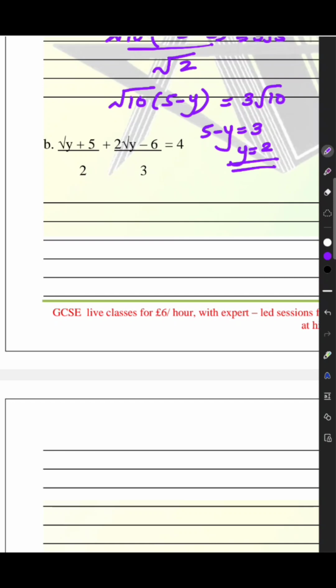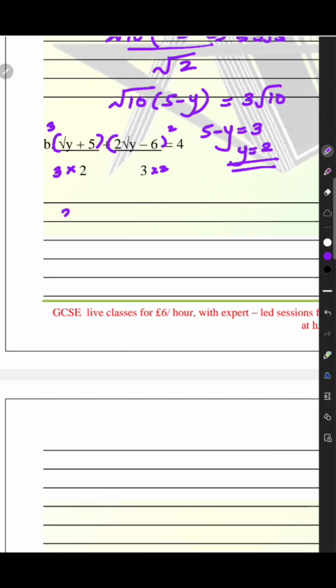Clearly the LCM of 2 and 3 is 6. So I have to multiply this with 3 to make the denominator 6 and this with 2 to make the denominator 6. Obviously if I'm multiplying the bottom with 3, we have to multiply the numerator with 3 as well, because in mathematics we can't change the value entirely. We just have to make a balance.